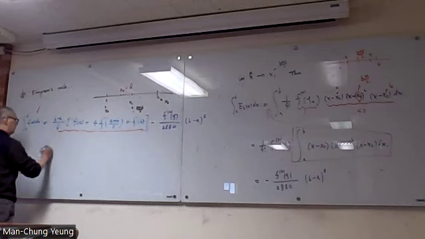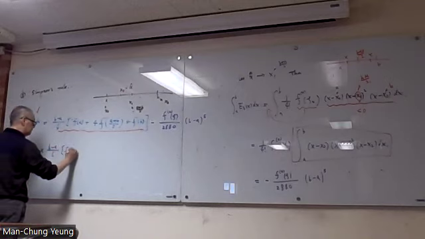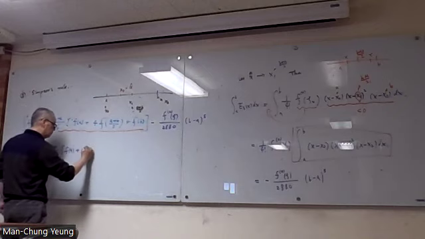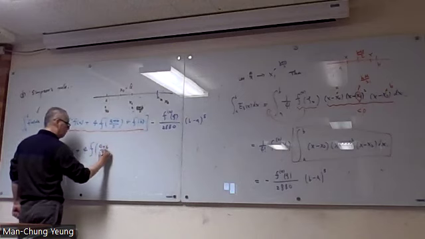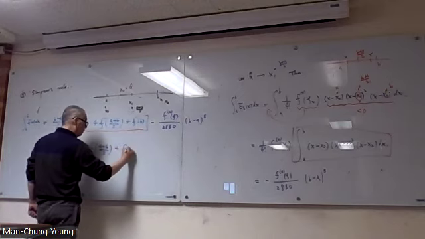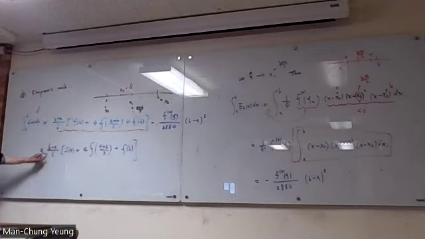Drop the error. Then we have Simpson's rule. This formula is Simpson's rule.